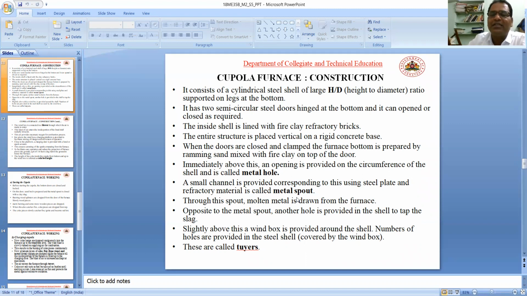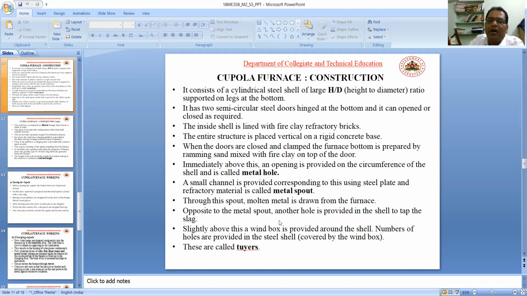Immediately above this, an opening is provided on the circumference of the shell, called the metal hole. A small channel is provided corresponding to this using steel plate and refractory material, called the metal spout.